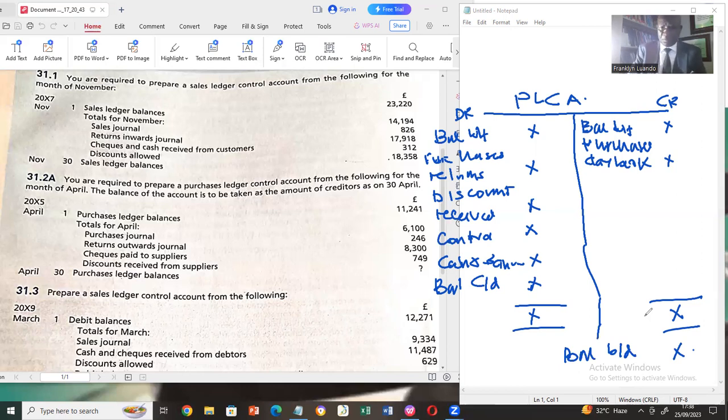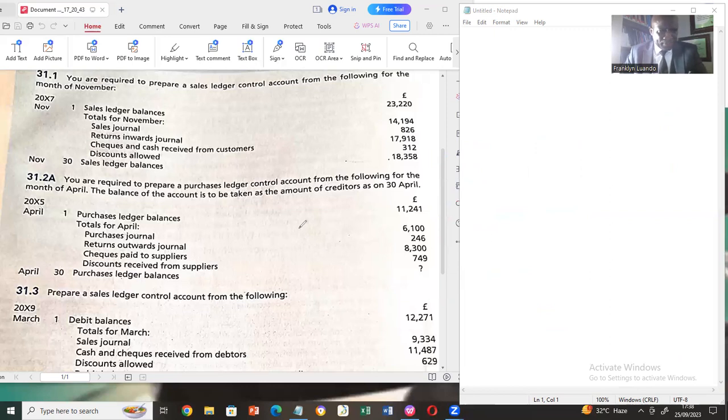And in the sales ledger control account, also we don't enter the cash sales, and we don't show the allowance for bad debts. That is very important. So we can do one question on the sales ledger control account.